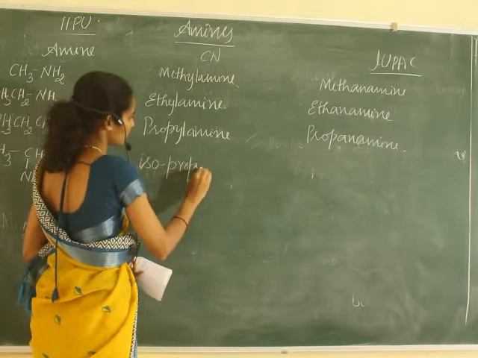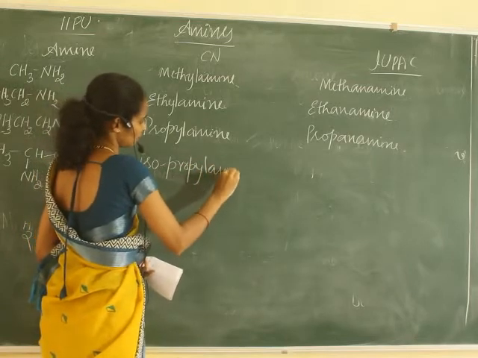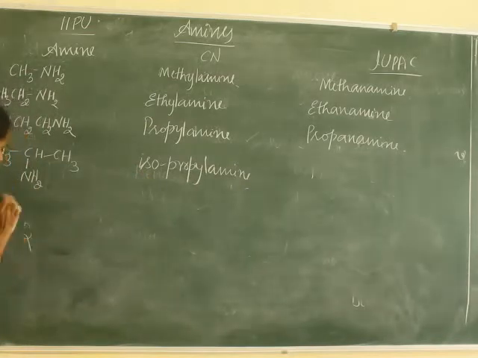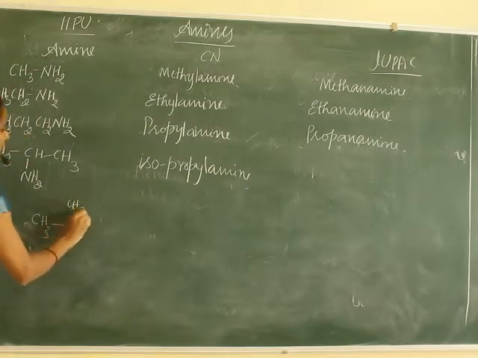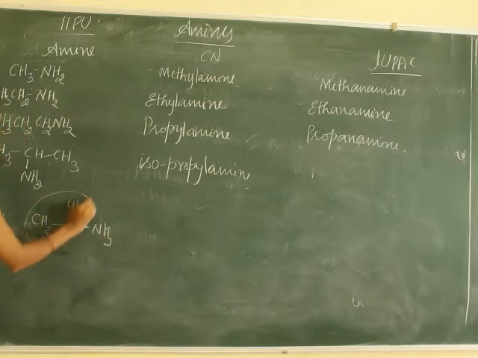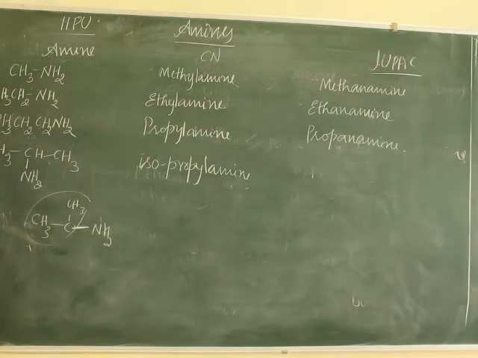Isopropylamine. I think it's clear for you. We can write CH3, CH3, NH2, same. So isopropyl group, and so isopropylamine, or you can write it in the IUPAC system of nomenclature.